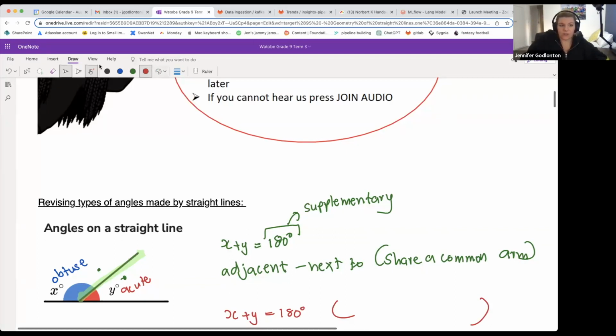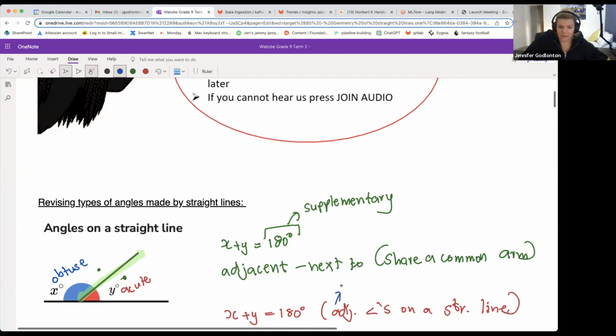Some of your teachers are going to be quite strict about writing the word adjacent and some of them won't be. You must do what your teacher wants you to do. I'm going to write it in here: adjacent angles on straight line. And remember in geometry, we can use this sort of shorthand for things.